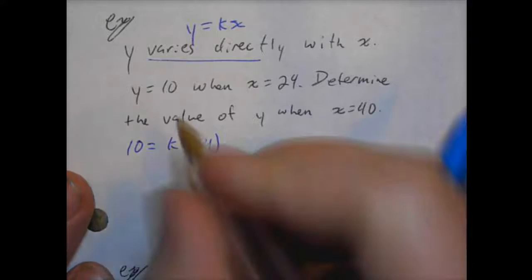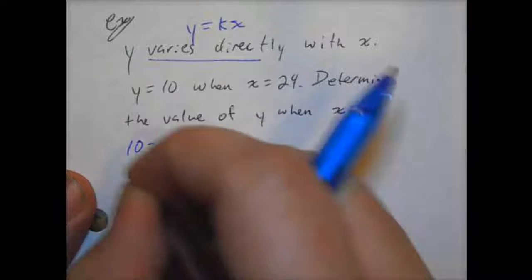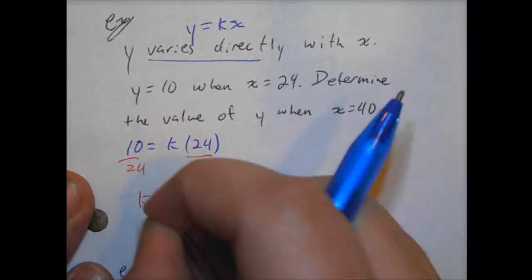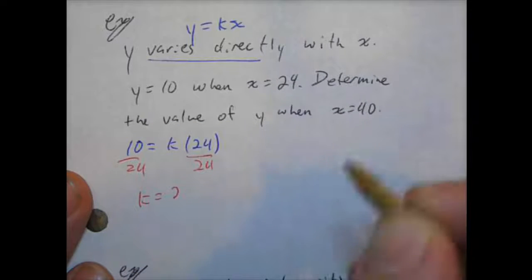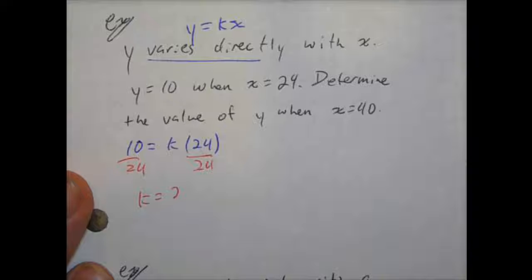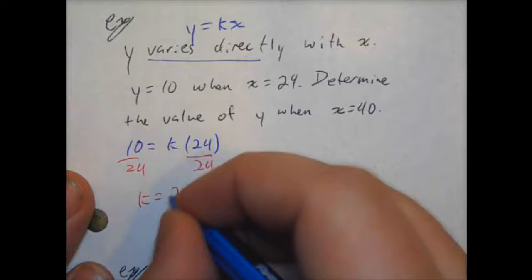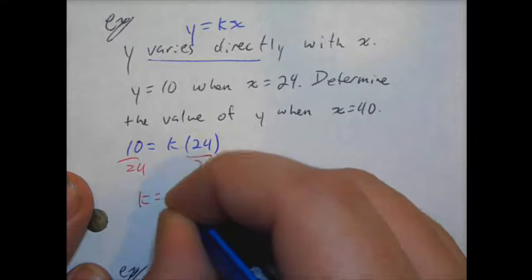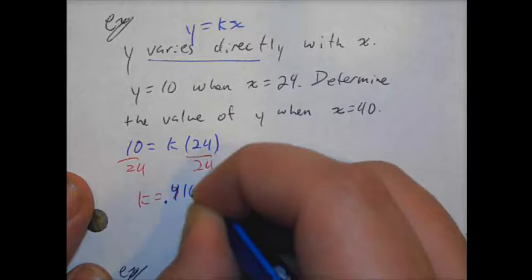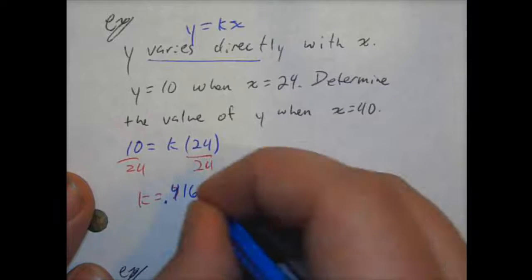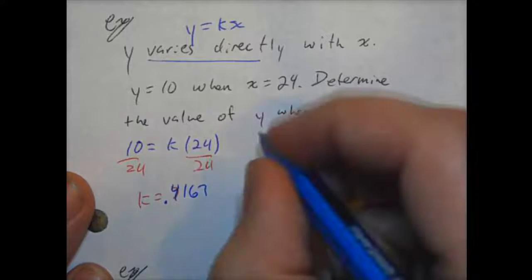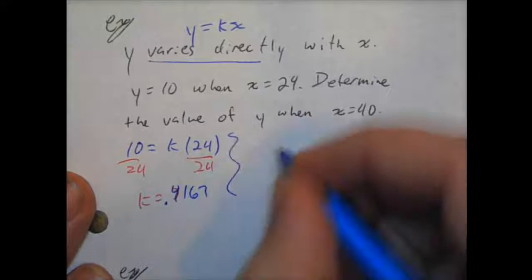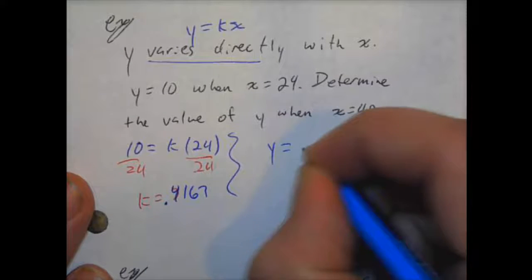If I divide by 24 on both sides, then k is 10 divided by 24, which is 0.4167.